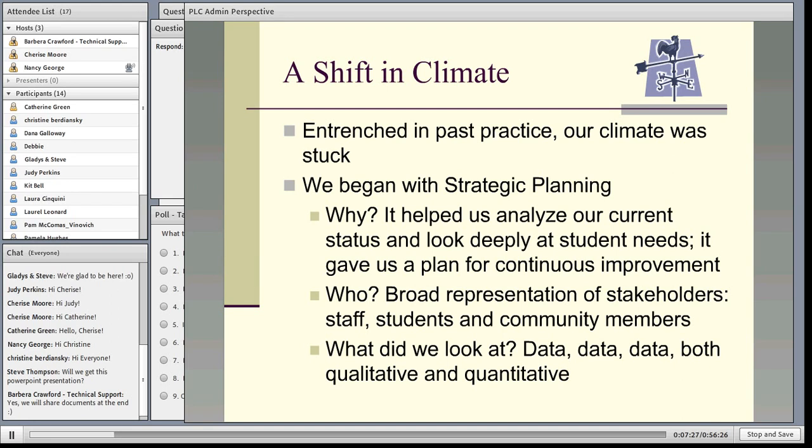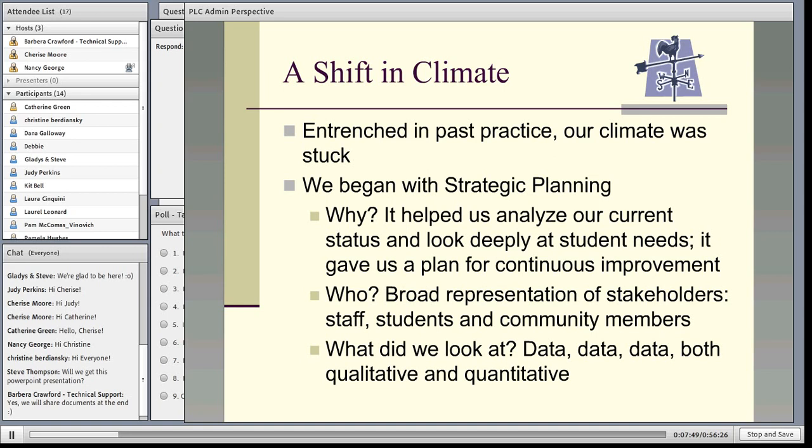Going through strategic planning really helped us to analyze our current status and to really get in touch with student needs. But in order to do that in a way that wasn't just more isolated decision-making and planning, not connected to anything, we really had to have broad representation of stakeholders involved.